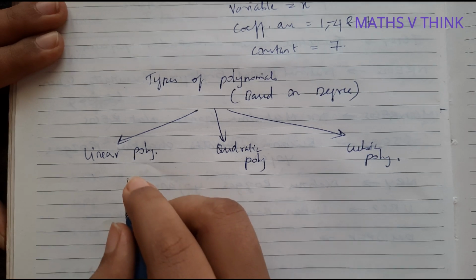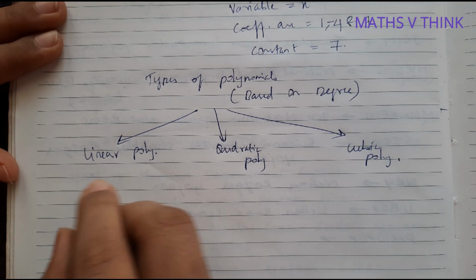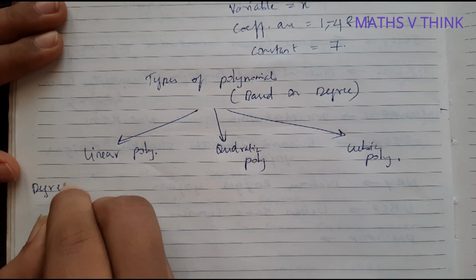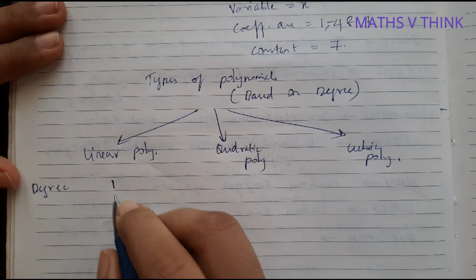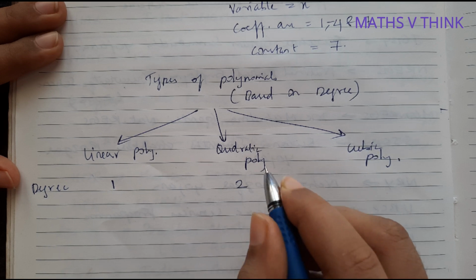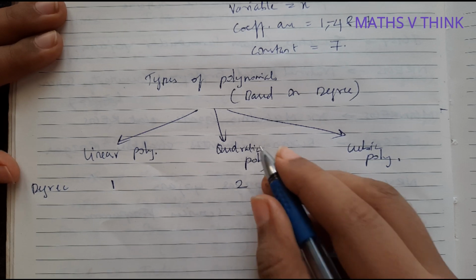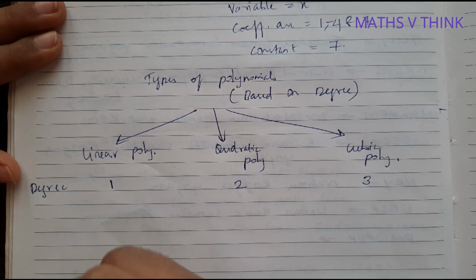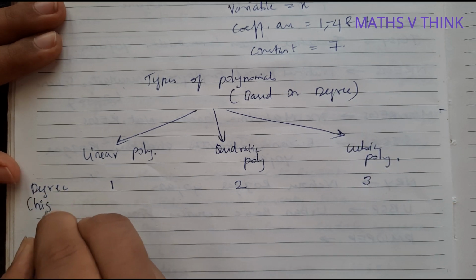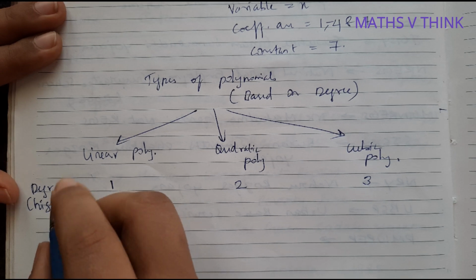Now what is linear polynomial? A polynomial whose degree is 1 is linear polynomial, a polynomial whose degree is 2 is quadratic polynomial, and a polynomial whose degree is 3 is cubic polynomial. Degree means what? It is the highest power in that equation.